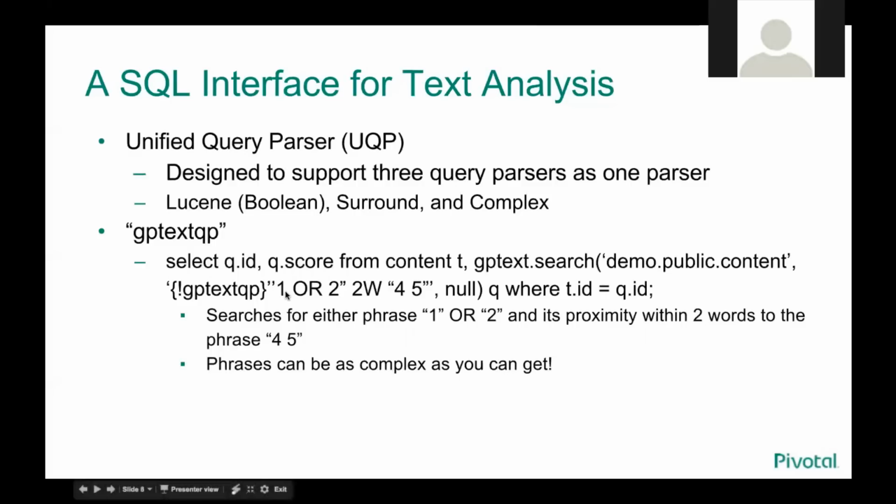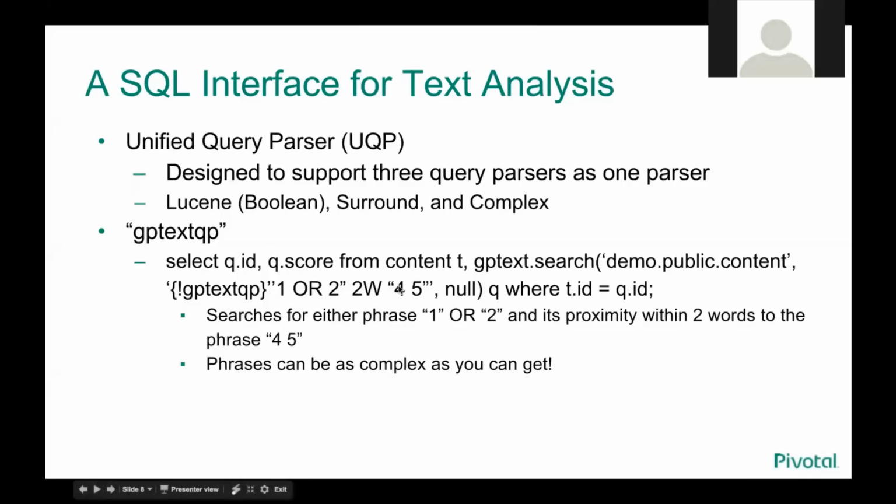Here you can see in this example, GPText QP is invoking the unified query parser. What we said was look for phrase 1 or 2 within 2 words of phrase 4 space 5. Imagine replacing 1, 2, 4, and 5 with actual words or phrases. You could see here that we have a Lucene Boolean query, and then a proximity search.